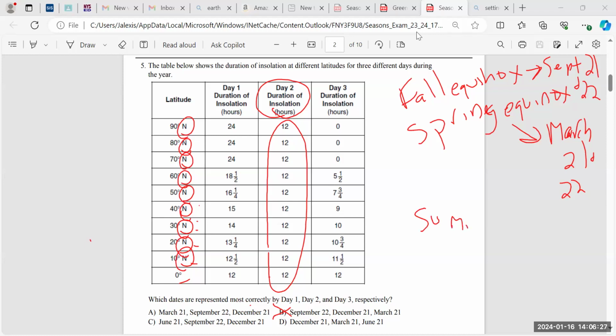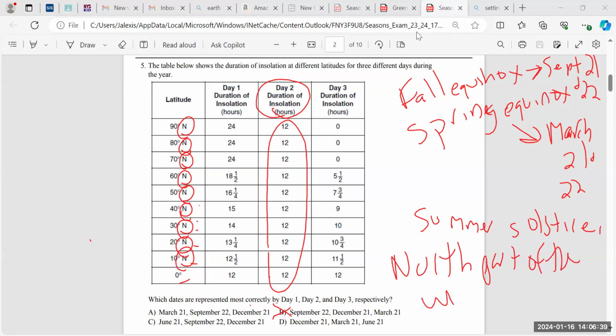During the summer solstice, the north part of the world gets more sunlight.